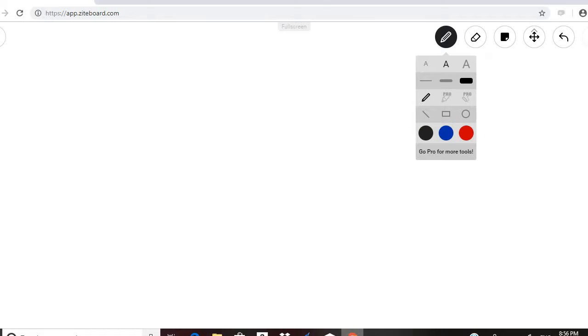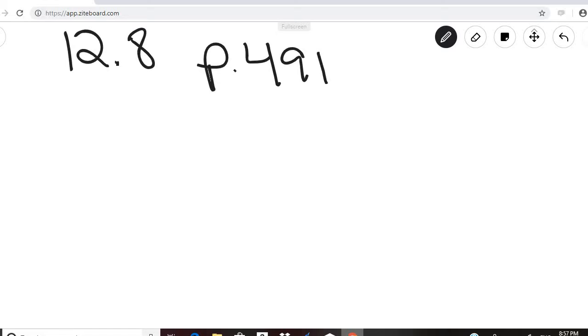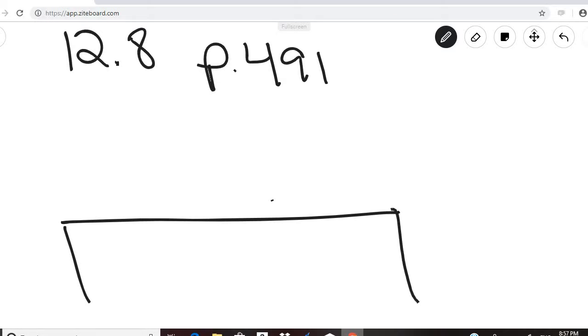Okay, so if you want to look in your book at figure 12.8, this is on page 491. So when a light beam comes in, let's say this is glass, it could be water or some other substance that light can move through.